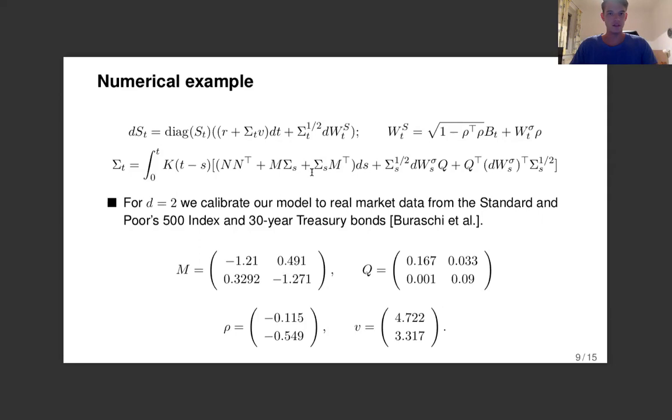For those two assets, the Wishart model has been calibrated to real market data by Boraski et al. And therefore, for our model parameters, we obtain the following results for the mean reversion matrix M, the volatility matrix Q, the correlation rho, and the risk premium V.